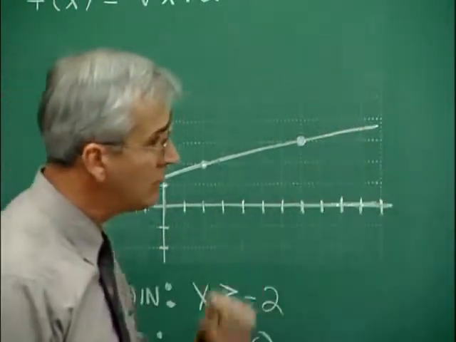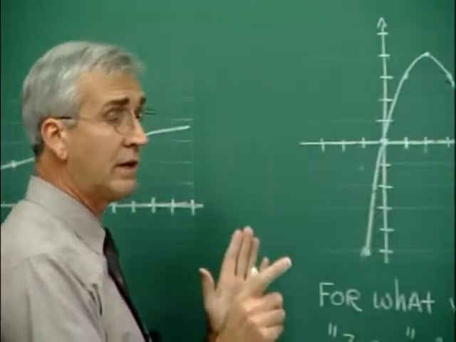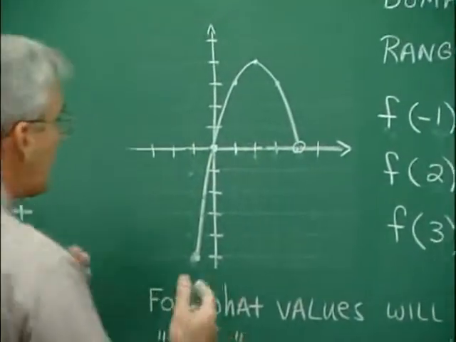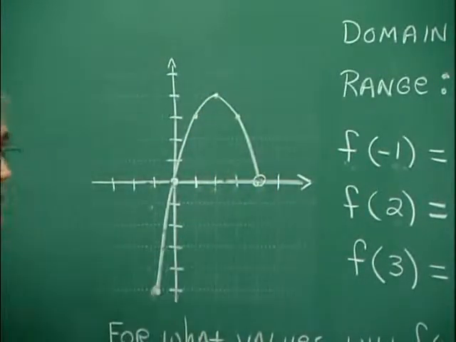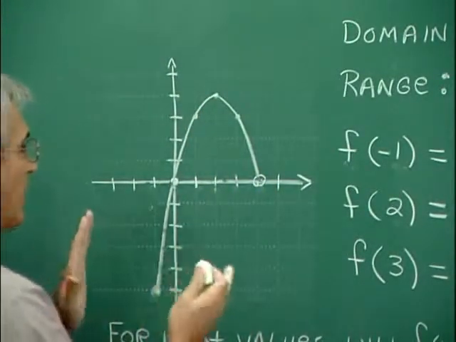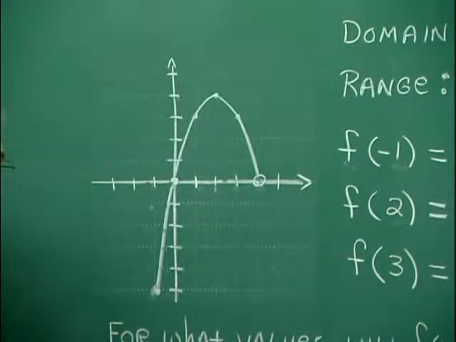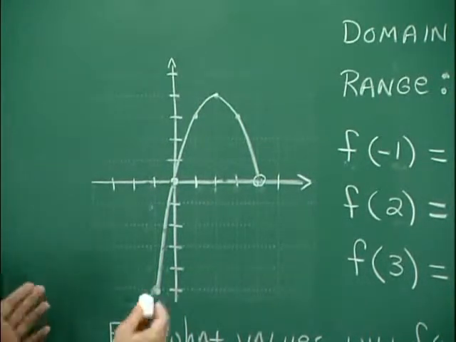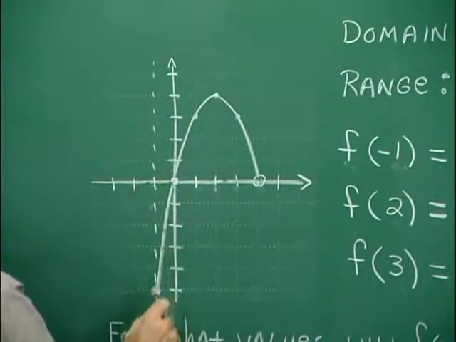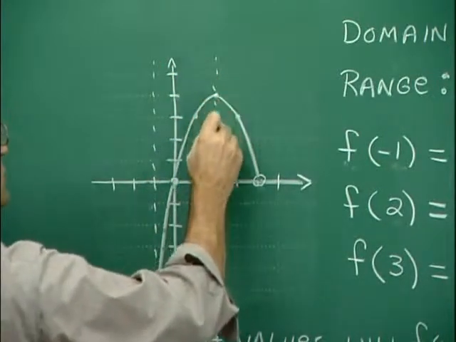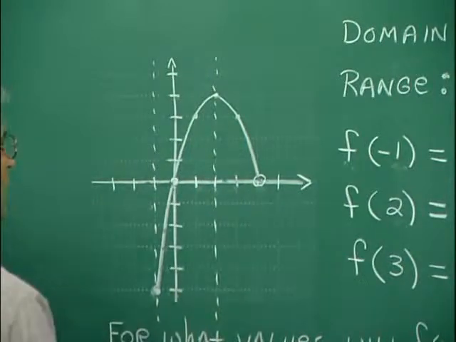Now, this one is not increasing over its entire domain. It's actually increasing over part of the domain and decreasing over another part. And a lot of times this increasing, decreasing idea is separated into intervals. And here's what I'm talking about. Just for emphasis, I'm thinking of an interval along the x-axis.